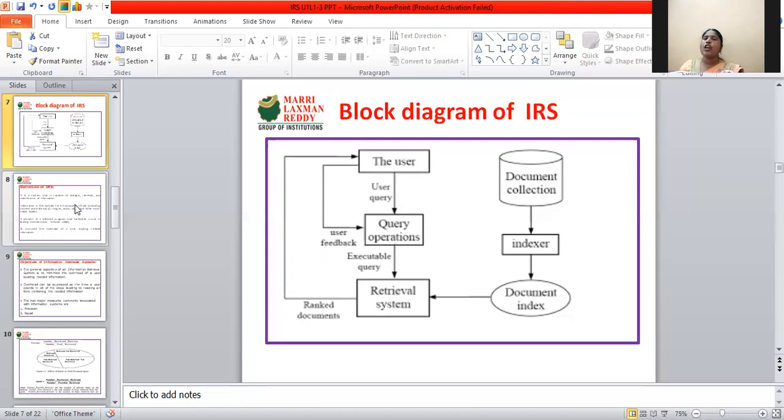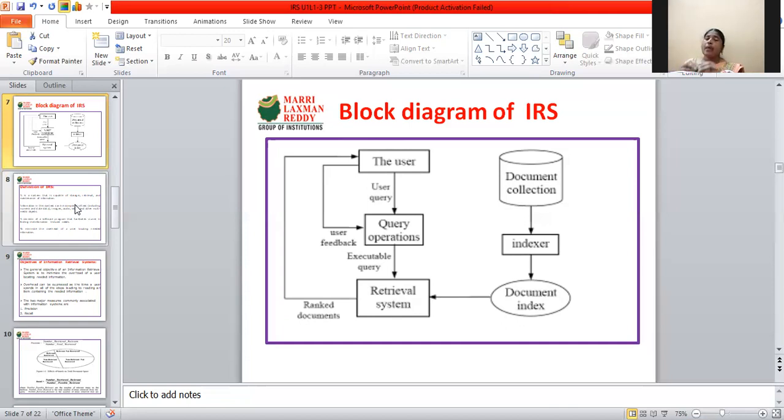The query operation is executed, and that query is received by the information retrieval system. The information retrieval system works as a search engine. It already has a document depository, which is nothing but the document collection or the document data.